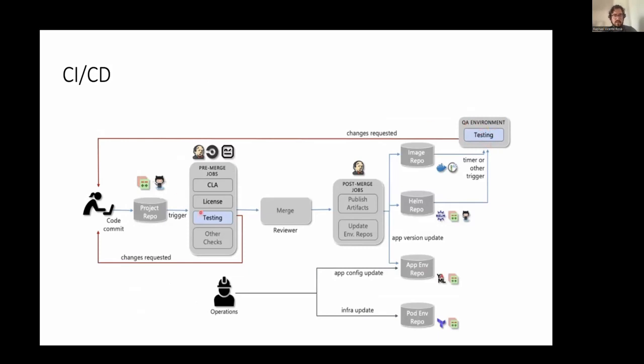Besides having the SD core project, as other ONF projects have, there is a CI/CD pipeline where we have checks of, for instance, licensing and unit tests for each one of the functions of the project, coming from a particular project repo, before a merge and a review of the components and each one of the artifacts of these components. For instance, the Helm charts or the image repositories like the Docker images.